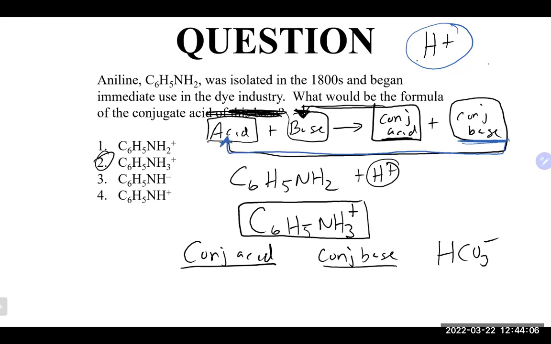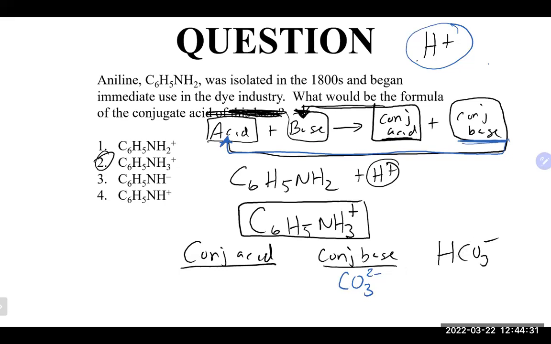So in this case, it would be acting as an acid. The definition of an acid is something that will donate an H plus, which means I should take off the H plus in this case, and I should end up with CO3. Again, I lose a plus, which means I become one more negative. So this becomes CO3 2 minus in this case. Any questions on that one there?